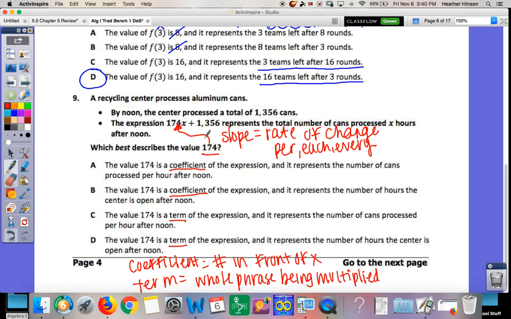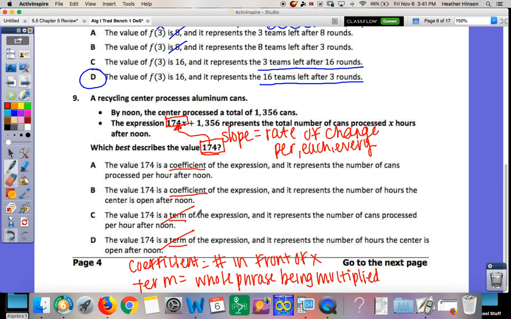So is 174 just the coefficient in front of x, or is it the whole phrase? This one is just the coefficient. The whole phrase is 174x. We just want to know what the coefficient part of that is. So C and D are out.